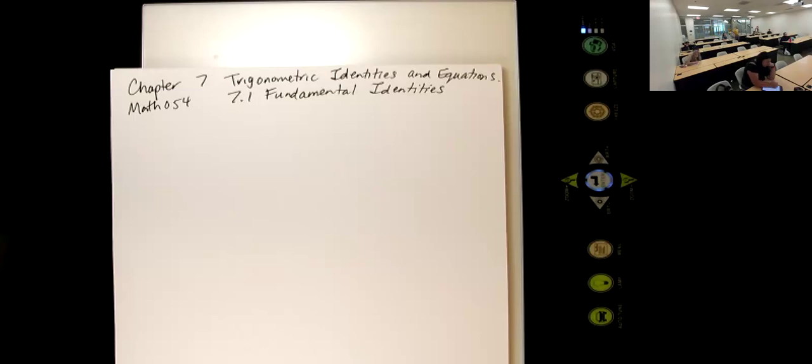So we reserve the word identity in math for a special kind of thing.